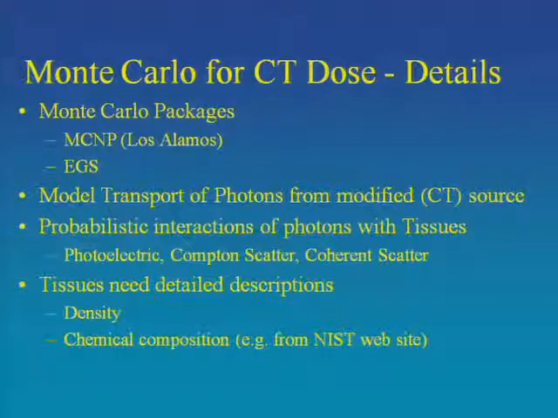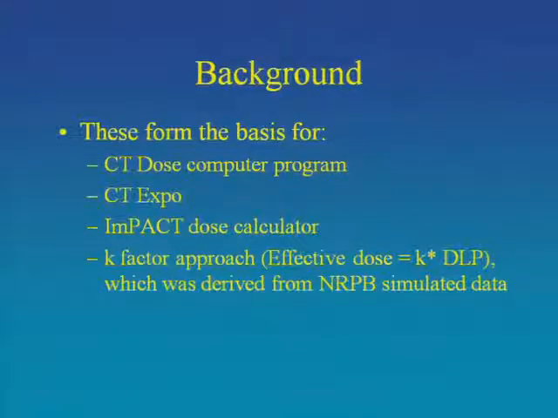And the tissues need detailed descriptions such as density and composition. And we can get those. There are some descriptions that we can get from things like the NIST website. And these form the basis, as I mentioned, for a lot of computer programs, CT-Dose, ImPACT, CT-Expo, and for those of you that use the K-factor approach, yes, that is ultimately derived from the ImPACT dose calculator work as well.